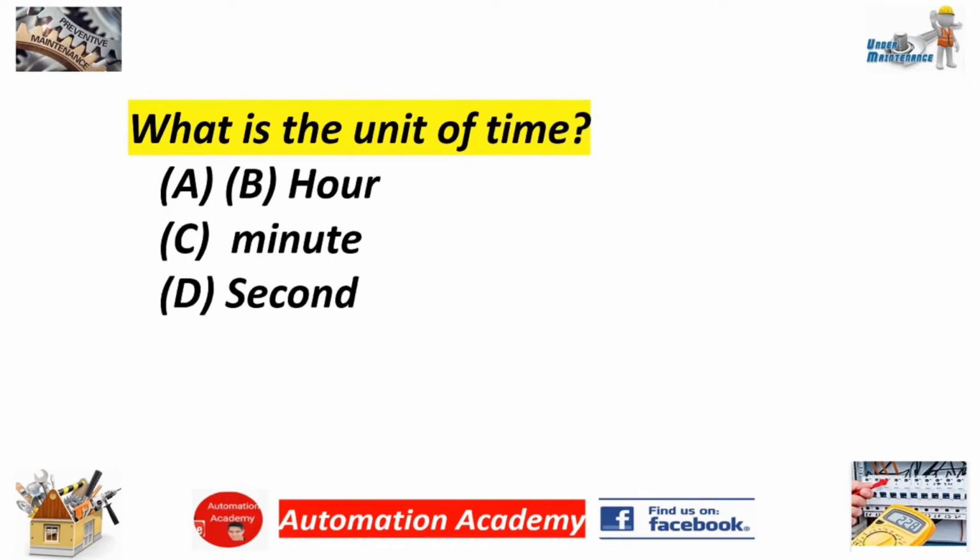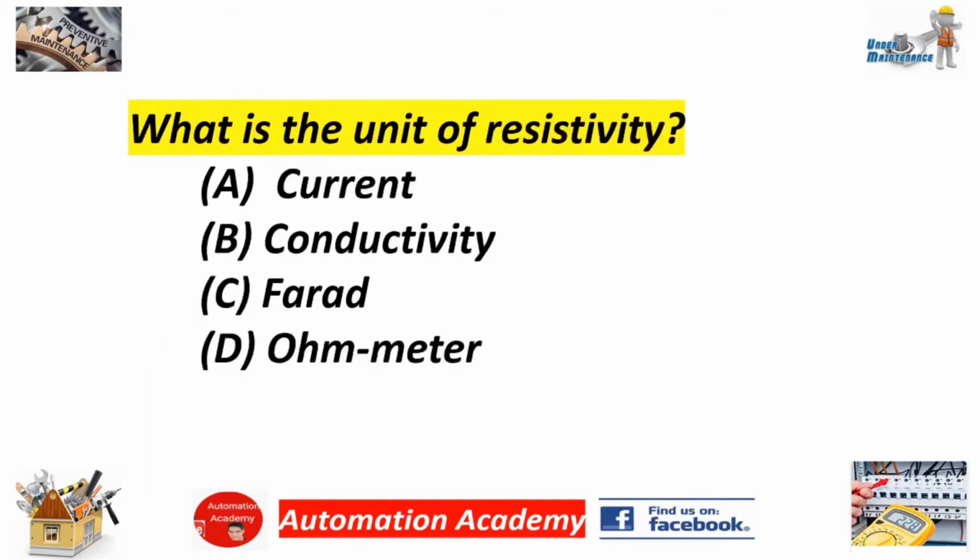B. Minute. D. Second. Answer: second. What is the unit of resistivity? A. Current. B. Conductivity. C. Farad. D. Ohmmeter. Answer: ohmmeter.